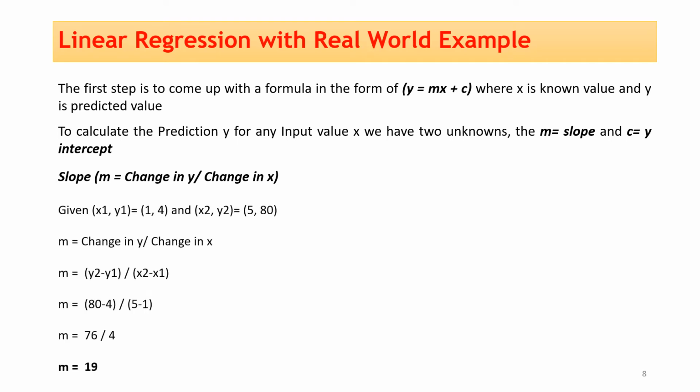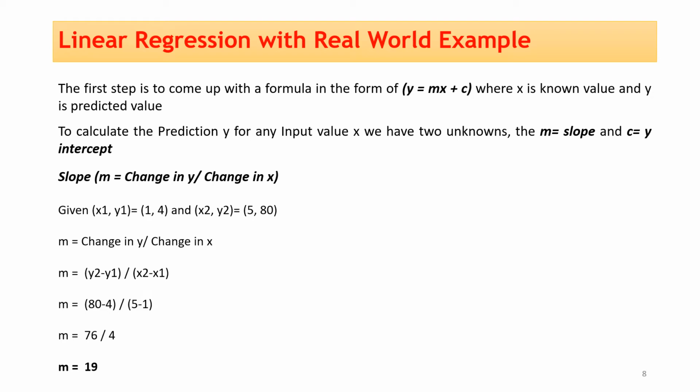So as per the given set, as we know, the starting point is x1 y1 and the ending point is x2 y2. So our x1 y1 is equal to 1 comma 4 and x2 y2 is equal to 5 comma 80. By using this starting point and ending point, we can easily calculate the slope.